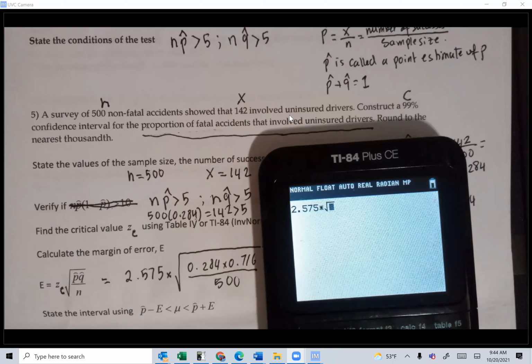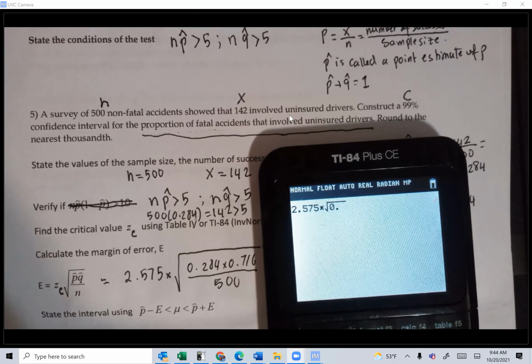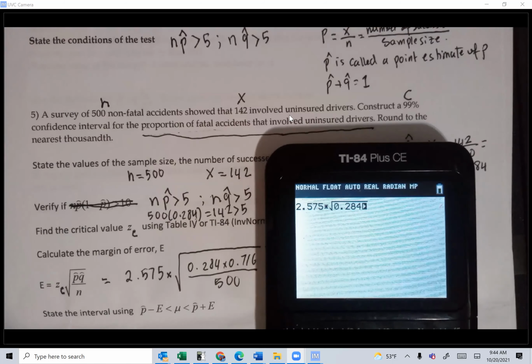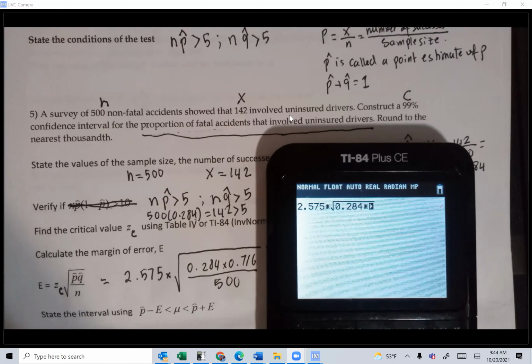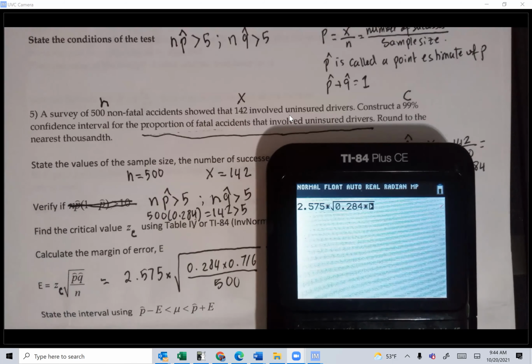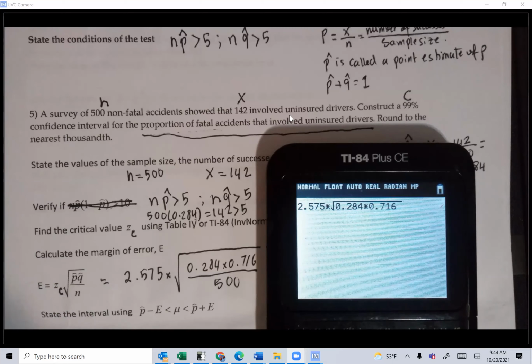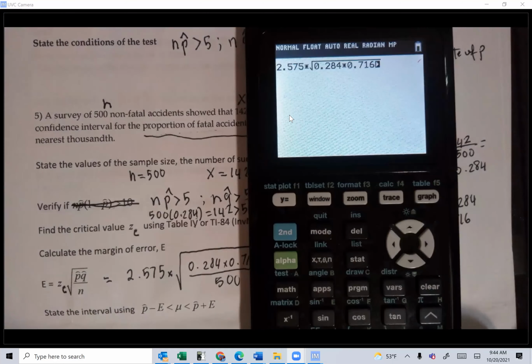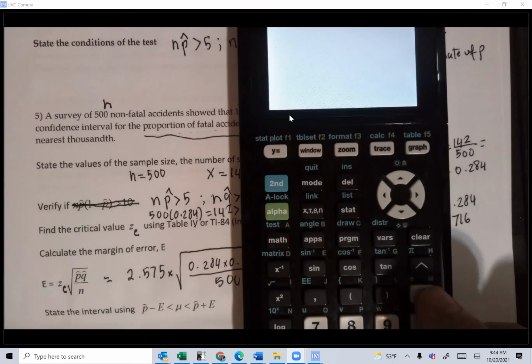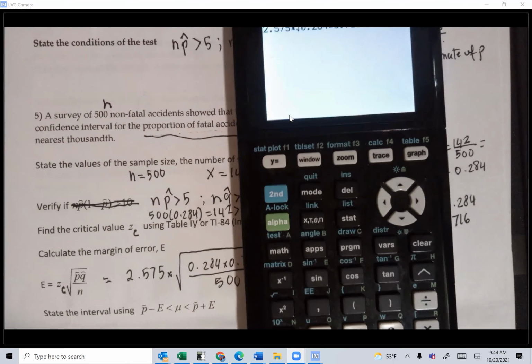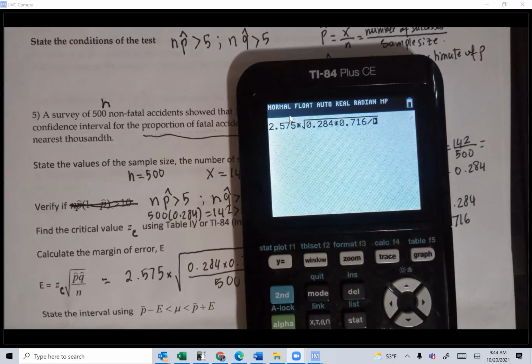And put 0.284 times 0.716, divided by 500.